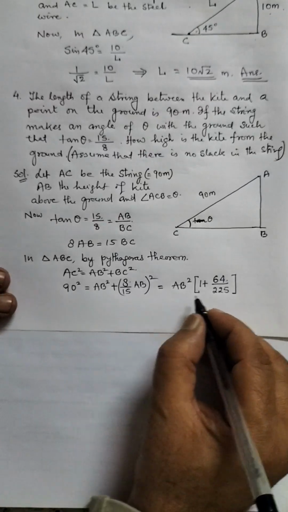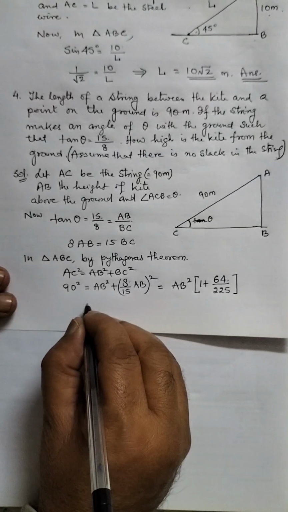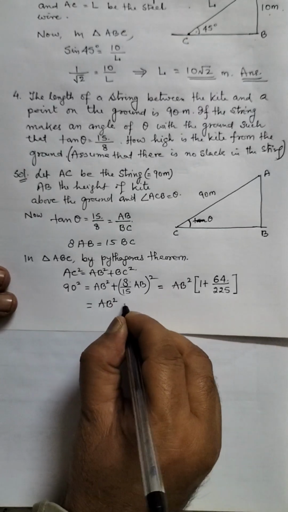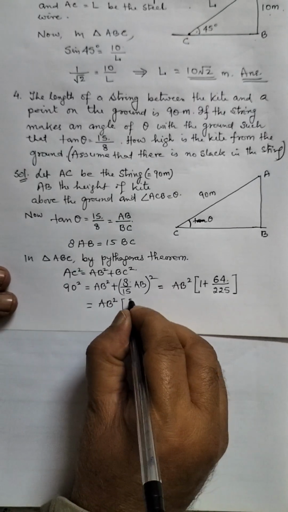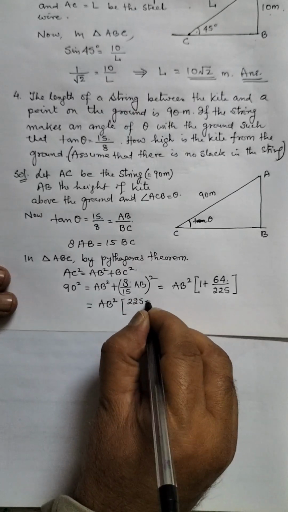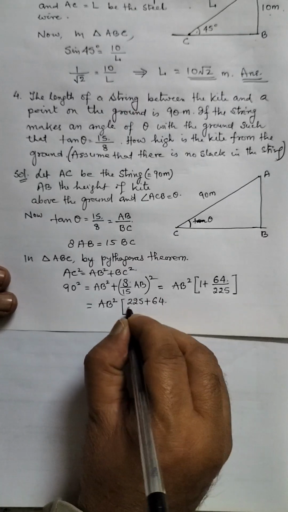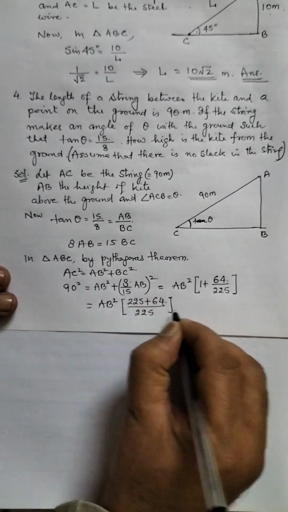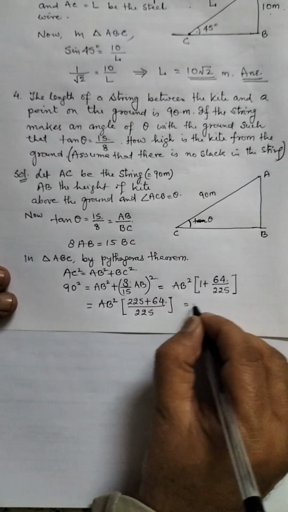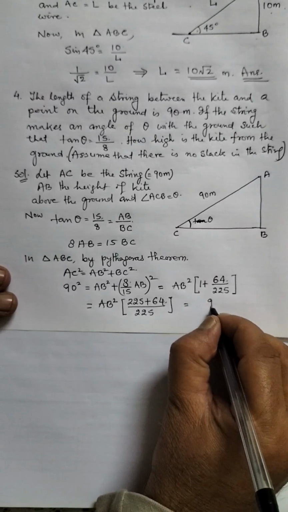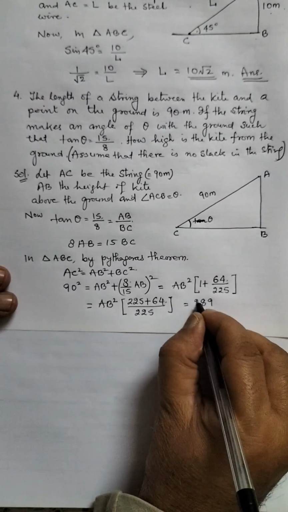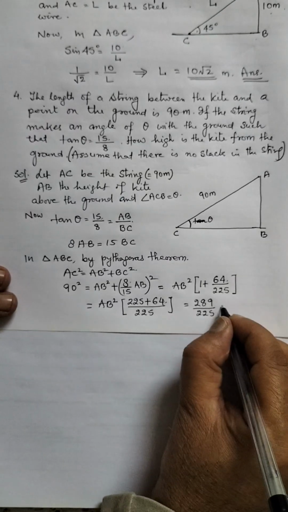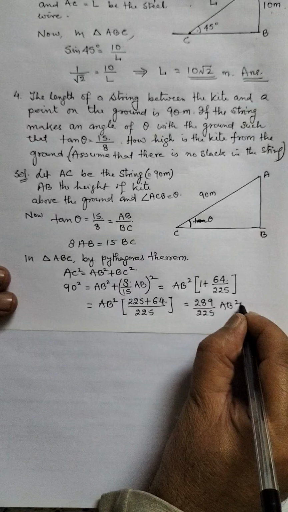Now, on further simplifying, we get AB square is 225 plus 64 upon 225, which is nothing but 289 by 225 times AB square.